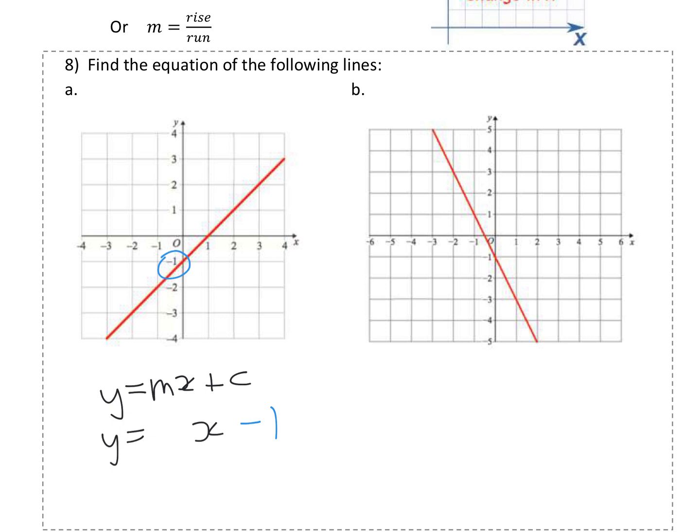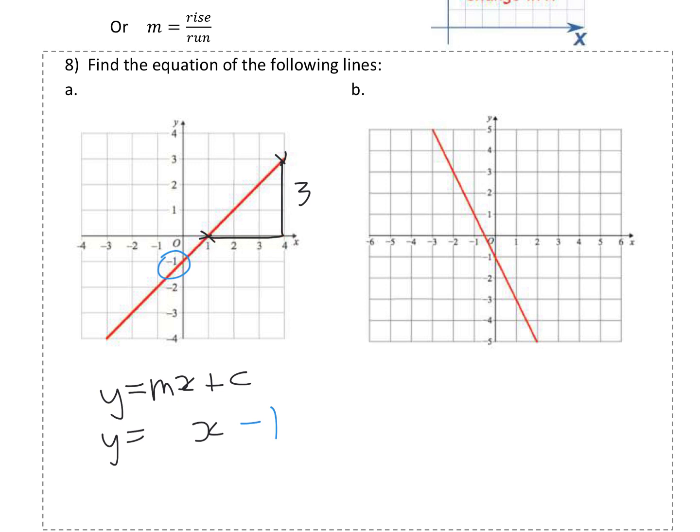The m is the gradient. Remember I said you've got to draw a right angle triangle. So I'm going to pick this point here and pick this point here, and from that, draw a right angle triangle. The change in the y value is 3. It goes from 0 up to 3. The change in the x value is from 1 to 4.